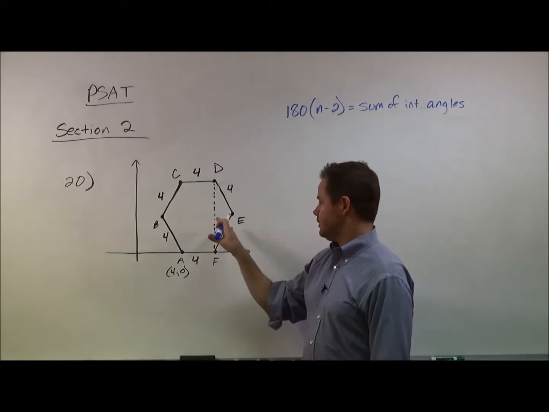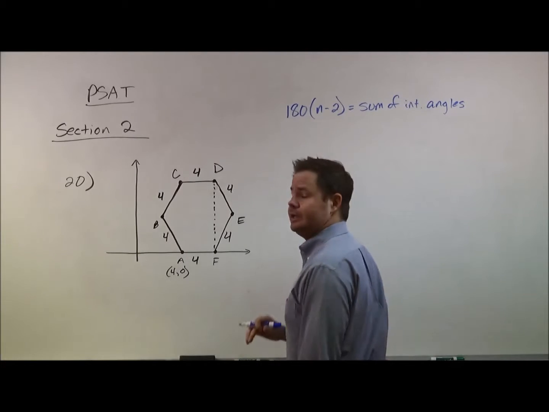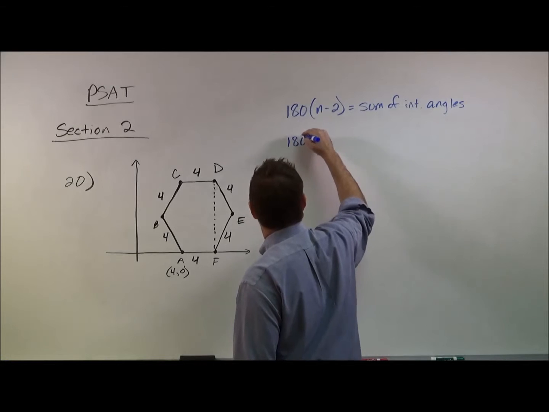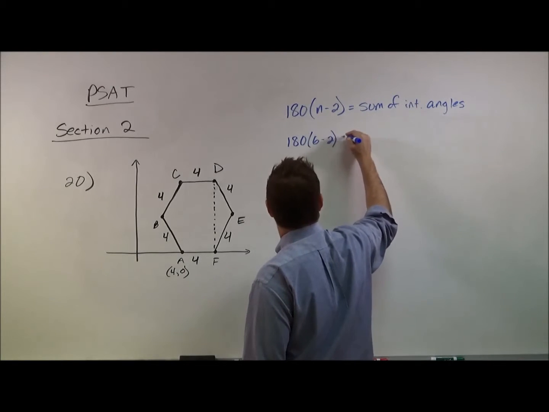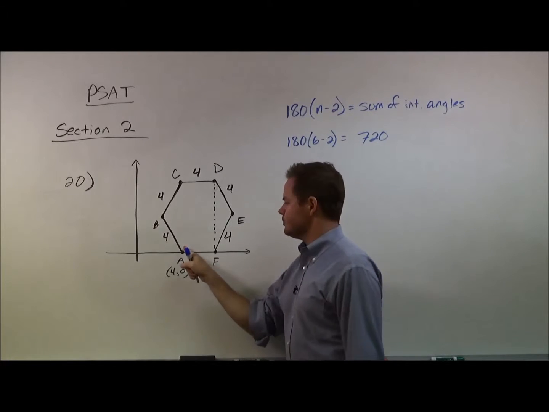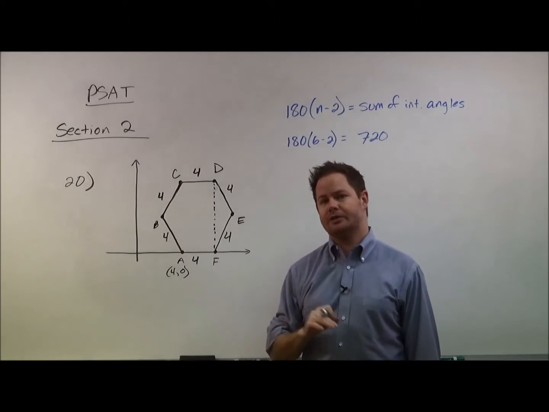And for this particular polygon, there are 6 sides. So if we were to plug in a 6 into this equation, we would have 180 times 6 minus 2, which is 180 times 4, which is 720. So the sum of all 6 of these interior angles is 720 degrees.